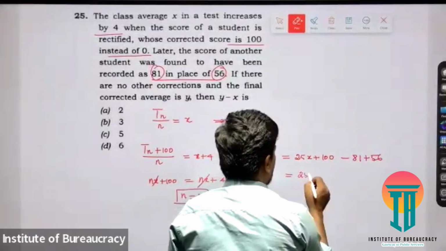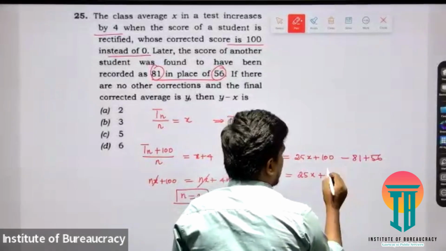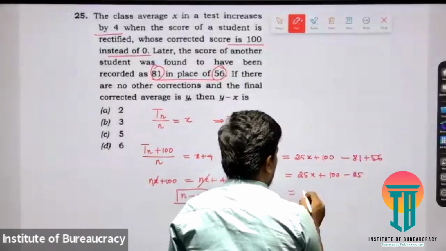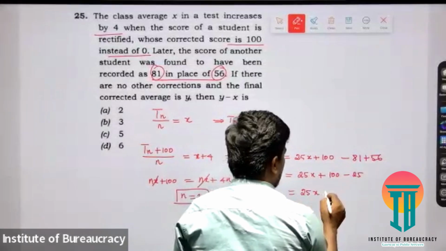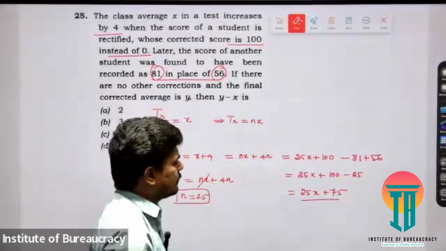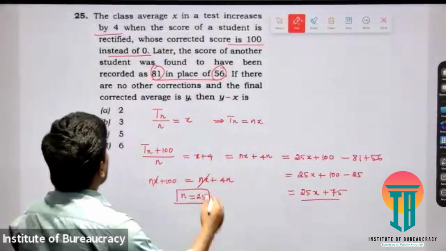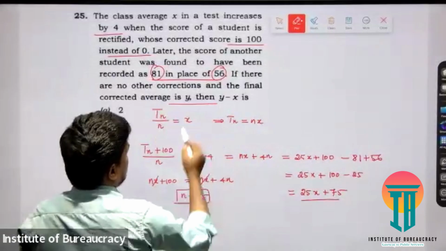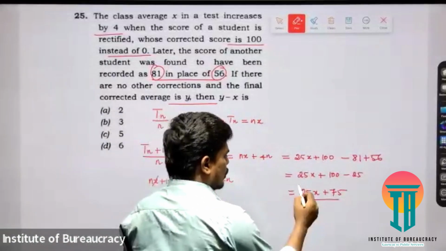This is 25x plus, so 100 minus 25. This is going to be 25x plus 75. This is the corrected total. Now what they are saying, if there are no other corrections and the final corrected average is y. This is the final corrected total.